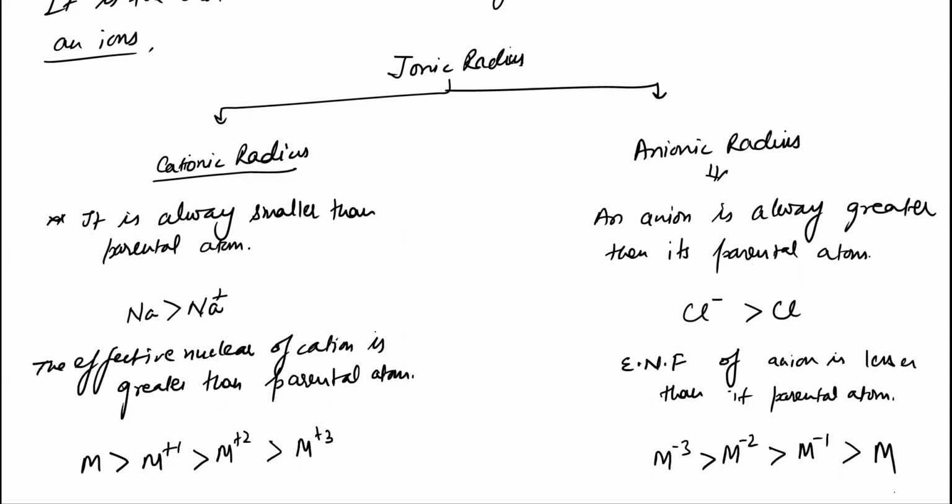Yes, sir. So what is the relationship between the ionic radius and the nuclear charge? A cation is always smaller than the parental atom. We can say that ionic radius is always inversely proportional to the nuclear charge.